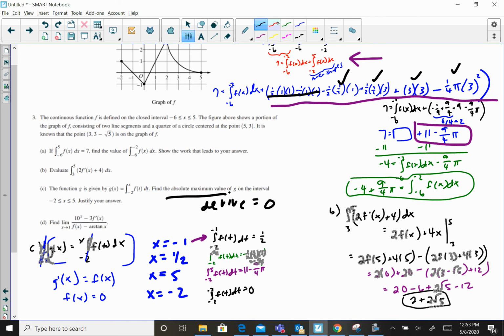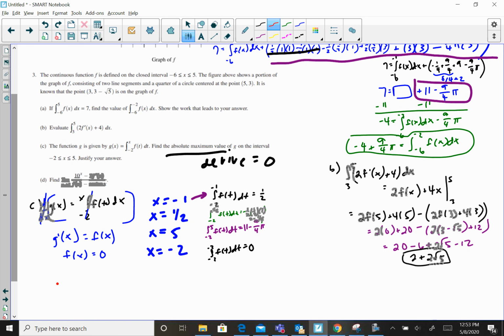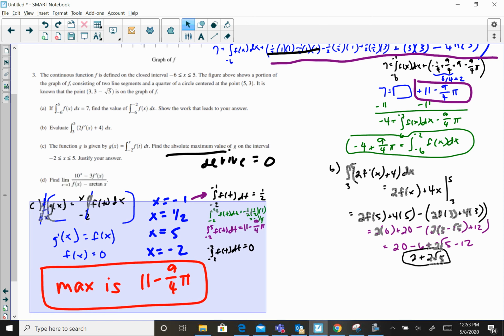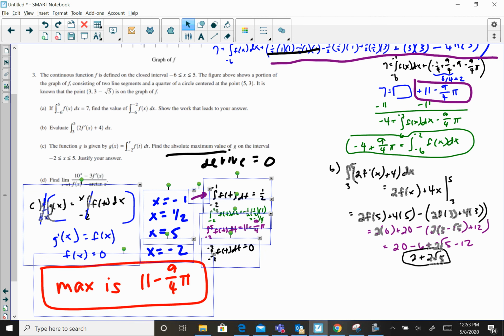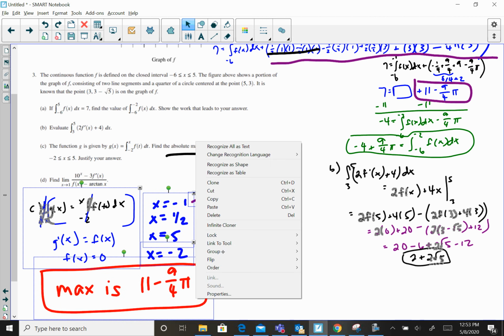It's about 3.93. So the absolute maximum is 11 minus 9 over 4 pi. The math here is your justification, having all those endpoints or possible extrema, and then all their y values, the integral values. That is your justification.